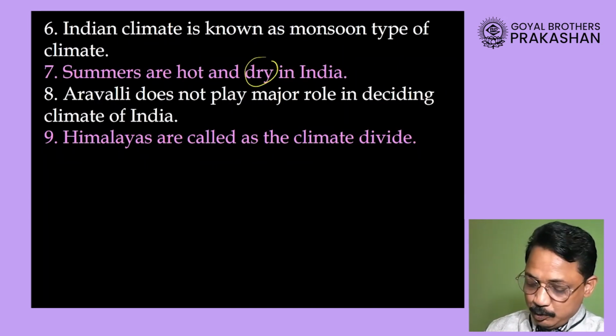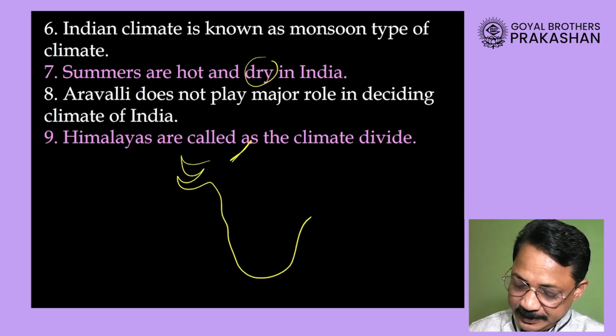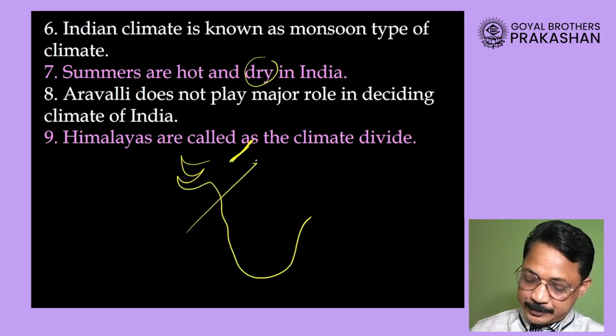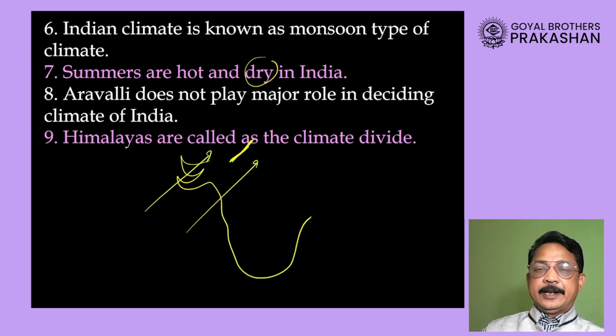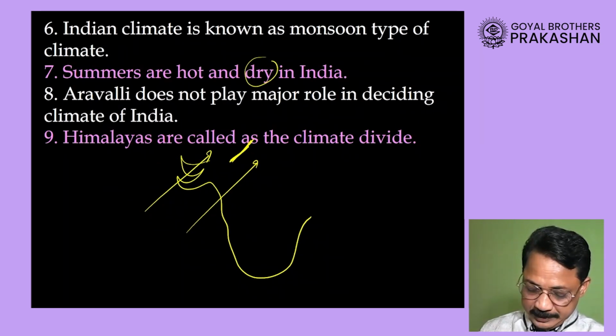So, there are 2 points, dear student. Point number 1, the Aravalli is located parallel to the direction of the southwest monsoon winds blowing over the Arabian Sea. Therefore, they are not able to block them and cause rainfall.